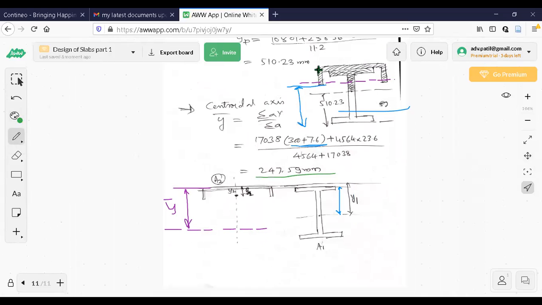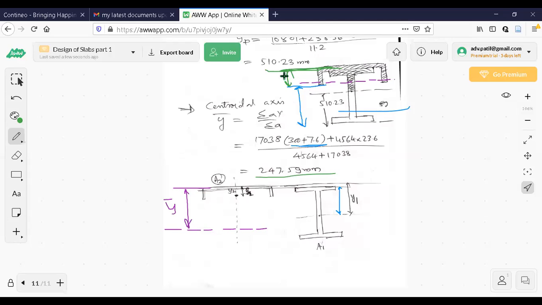So from the top line, you go down. How much is that? 247.59. Again, you should try to locate the relative positions of the equal area axis and neutral axis line. It means what is the vertical distance between these two lines. That you should be able to calculate.